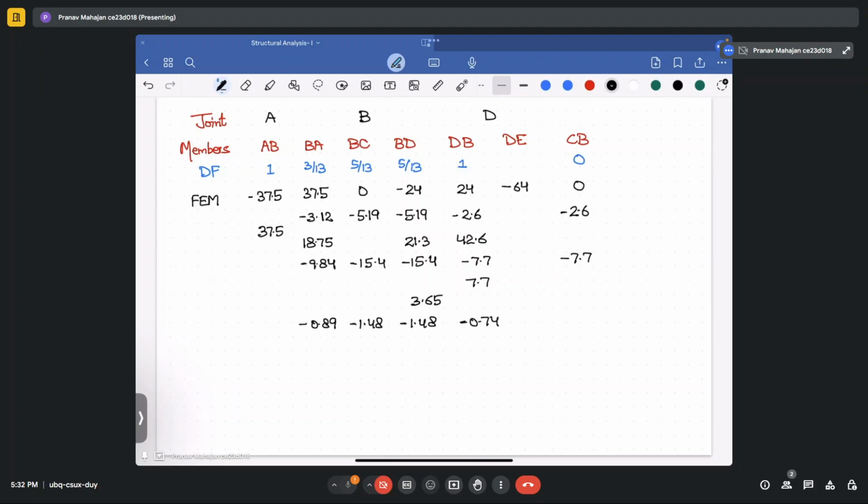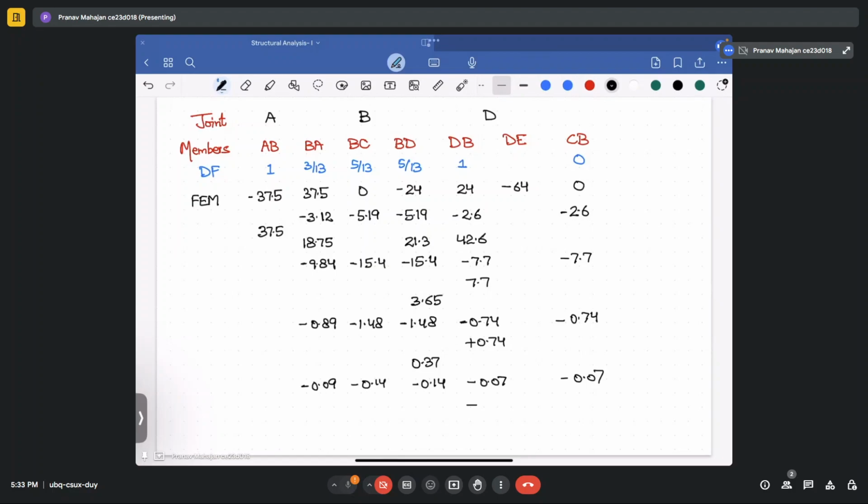Now these three are distributed, and then these are carried forward as minus 0.74 and minus 0.74. Okay, again this 0.74 will be balanced out as positive 0.74, and 0.37 will come into picture. So with 0.37, it will become minus 0.09, 0.14, 0.14, and their carried over factor as 0.07 and 0.07.